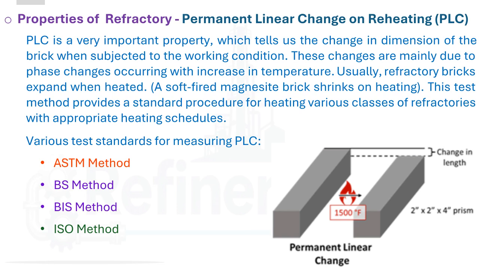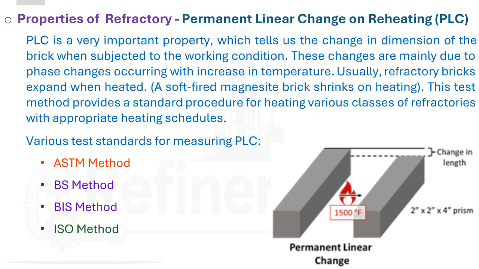The British Standard Method is essentially identical to the ASTM procedure. The Indian Standard Method specifies a specimen of 50 by 50 by 125 mm.